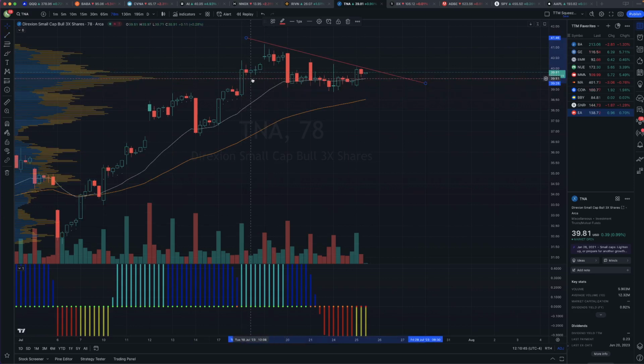We've got our point of control here on the larger time frame, so let's just put that in. I personally like to make mine red. I think our true support level is about here based on chart and VP. Let's just call it 39 even.